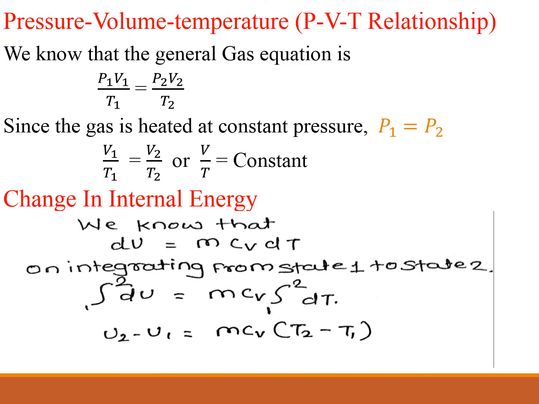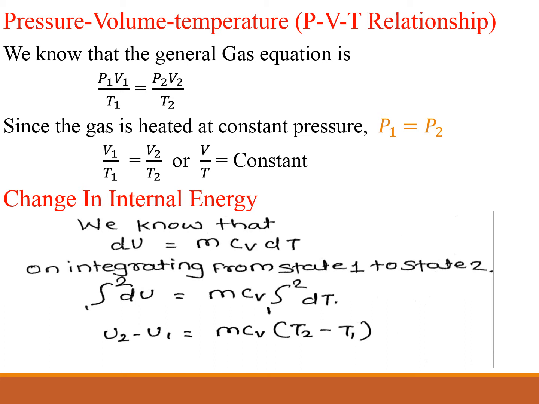The process is shown on the PV and TS diagrams in the figure. P1, V1 and T1 are the pressure, volume and temperature at the initial state 1, and P2, V2 and T2 are the pressure, volume and temperature at the final state 2.